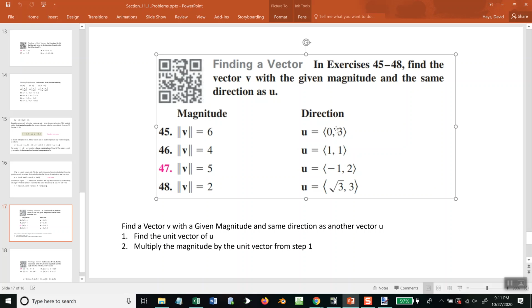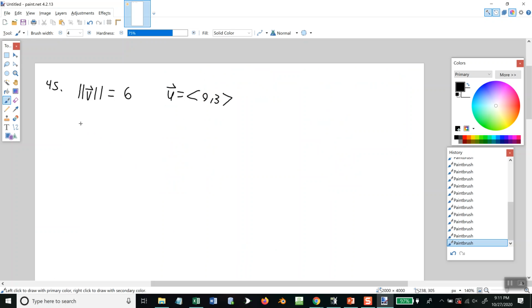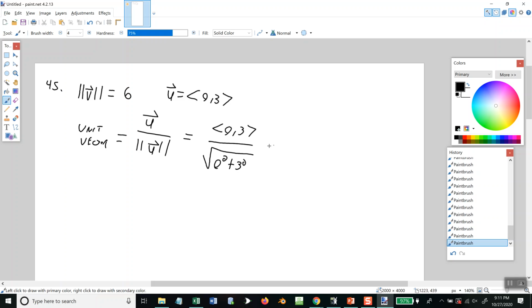So this is not a unit vector currently. So our unit vector is going to be equal to u over the magnitude of u. So I'll have 0, 3 on top, and on the bottom, the magnitude is a square root of 0 squared plus 3 squared.